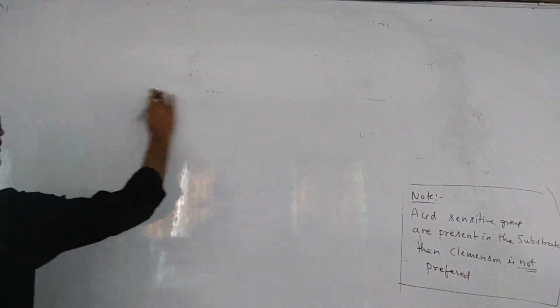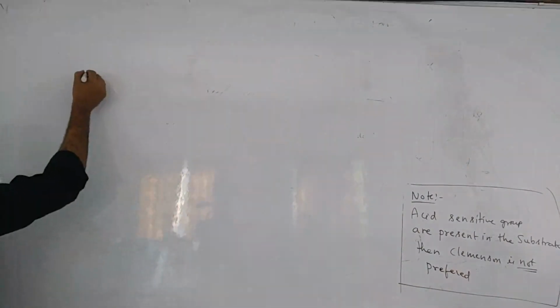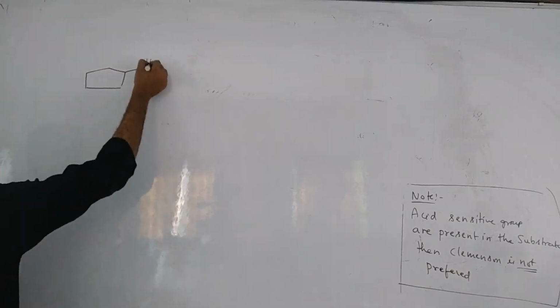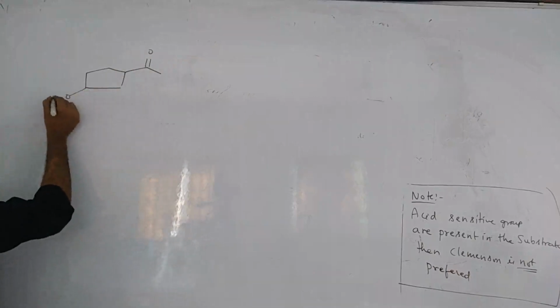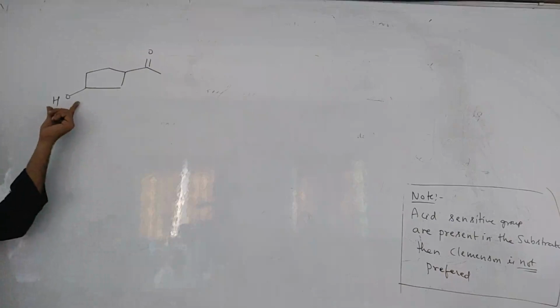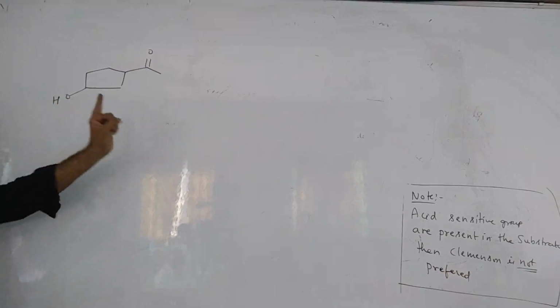Now see, this is a very important reaction. Suppose they have given a carbonyl compound along with this group. This is an acid sensitive group, children. Now which reduction is used?